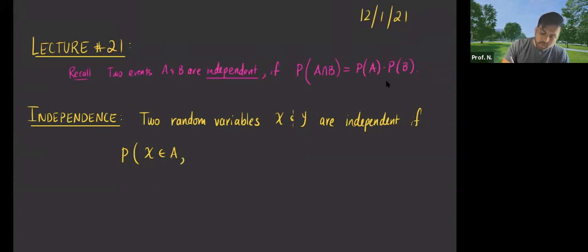So again, this is just a general way of representing it. So this is X and Y. This is similar to this statement here. This statement in the world of random variables looks like this.